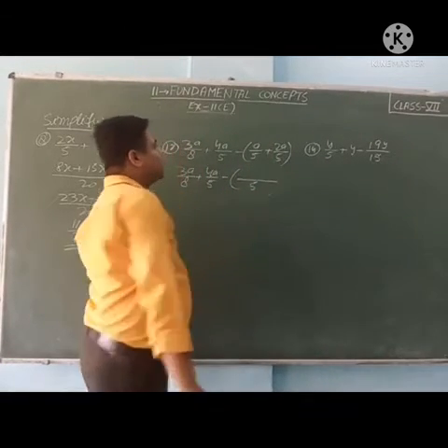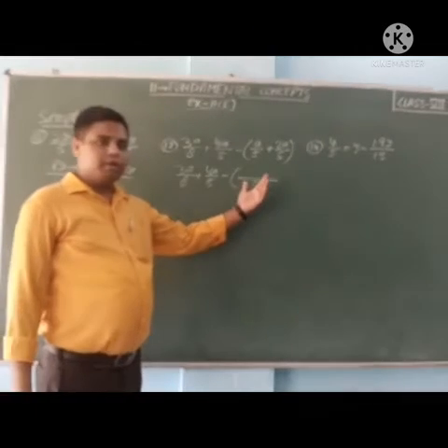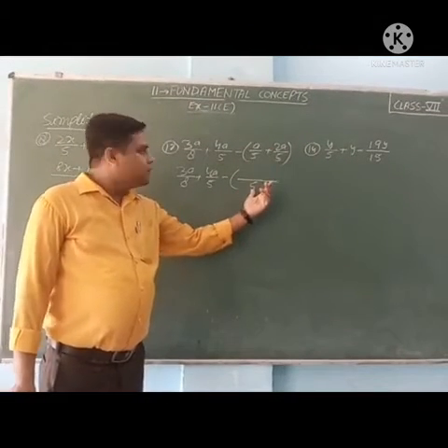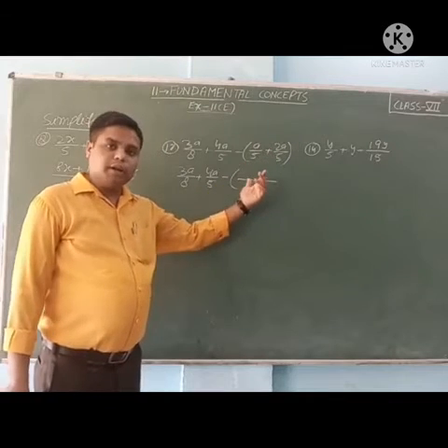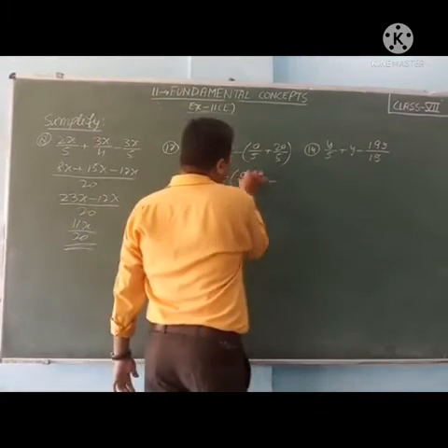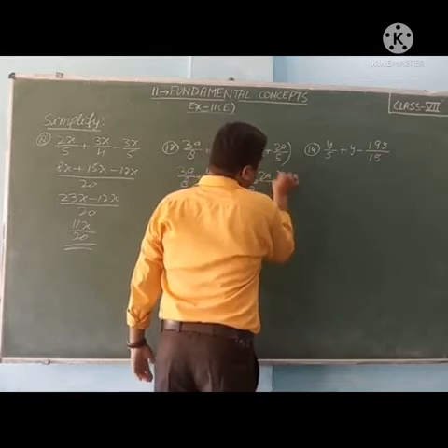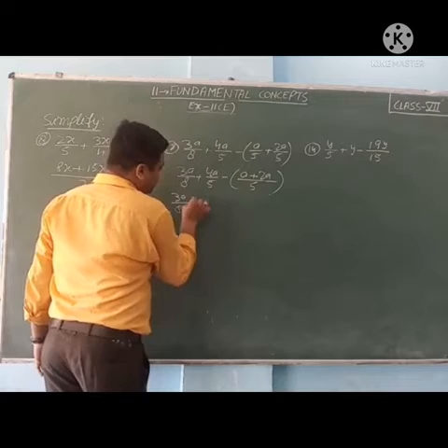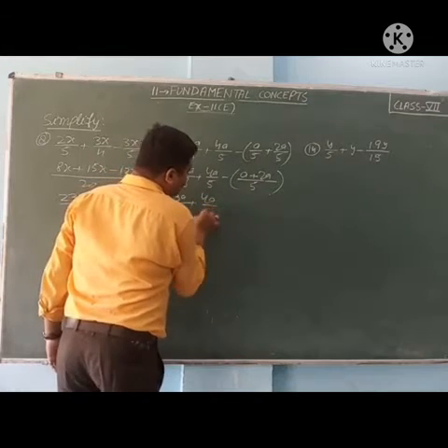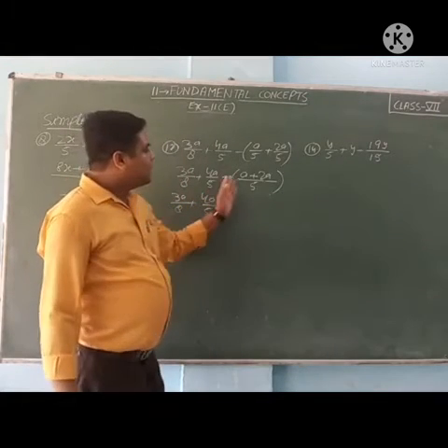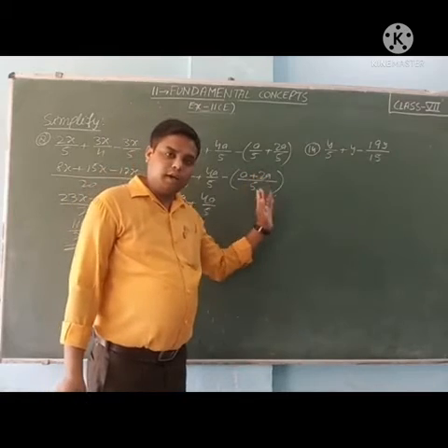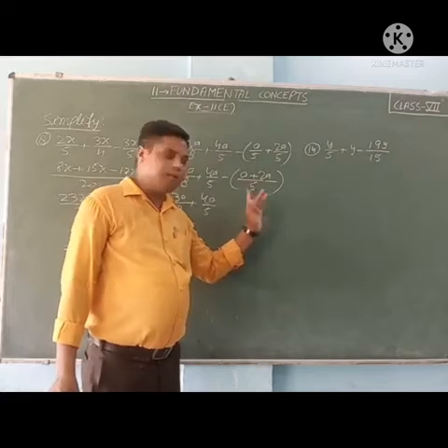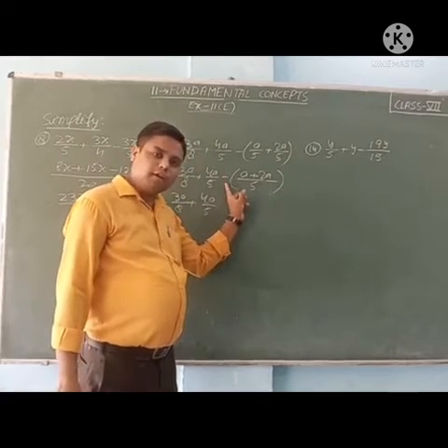When denominators are same, then we will take the LCM as it is, the denominator. Then we can write the numerator as it is. So a plus 2a, bracket close. Now students see, a plus 2a, 3a upon 5. Inside the bracket positive 3a upon 5. Outside the bracket is minus sign.